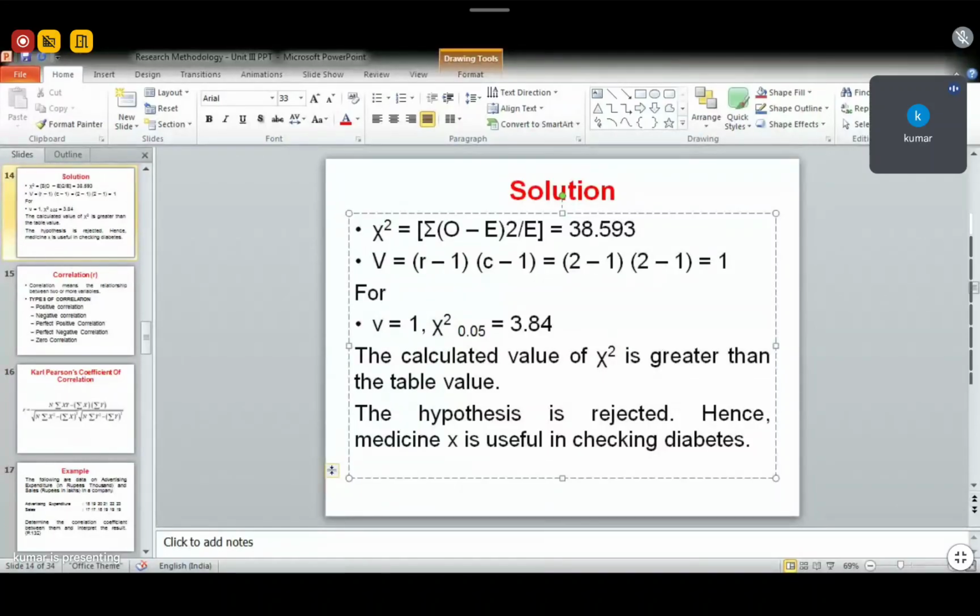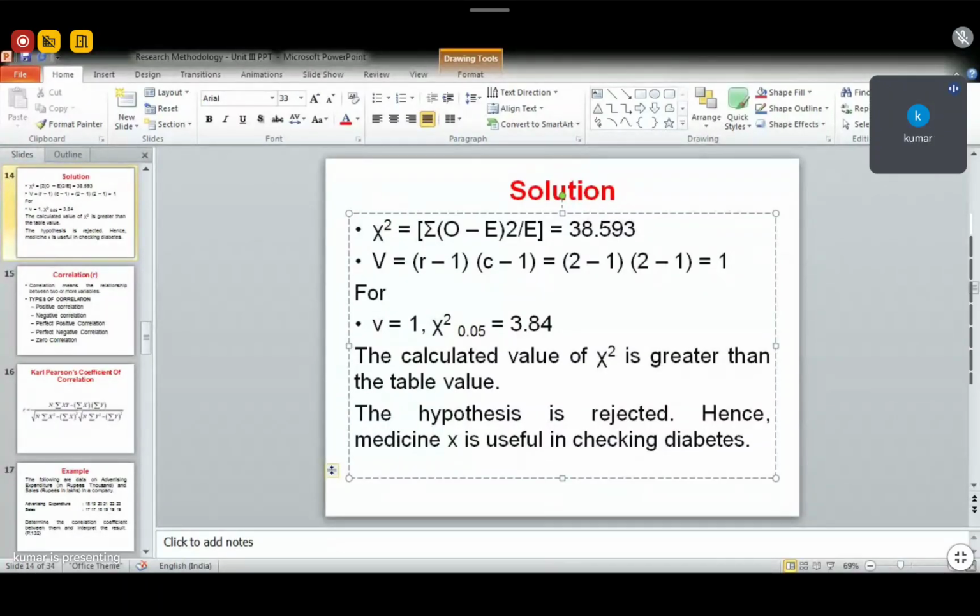Whenever the calculated value is more than the table value, the null hypothesis is rejected. Note down, please. Sir, once again repeat, sir.